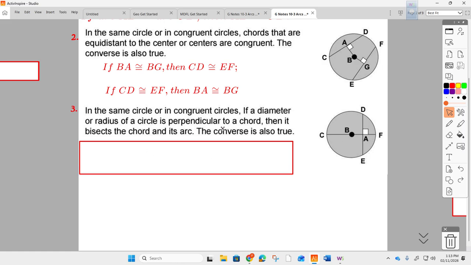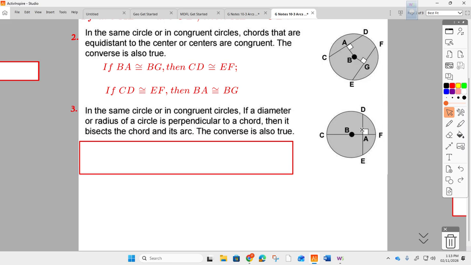In the same circle or congruent circles, if the diameter or radius of the circle is perpendicular to a chord, and remember, we're saying diameter or radius. This whole thing is the diameter, and the radius is part of the diameter. So it doesn't matter if you have the whole thing or just the radius.